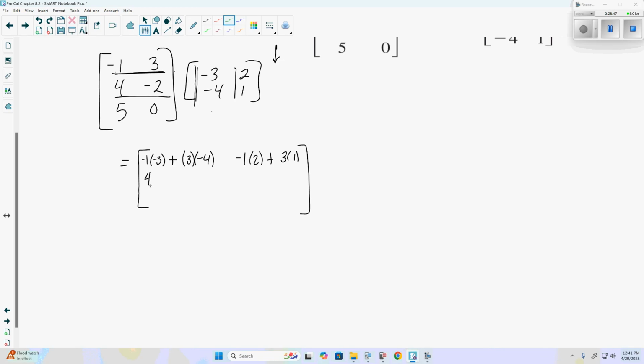And we do it again. We go 4 times negative 3 plus negative 2 times negative 4. And then 4 times 2 plus negative 2 times 1. And we do the last one, 5 times negative 3 plus 0 times negative 4. And lastly, 5 times 2 plus 0 times 1.